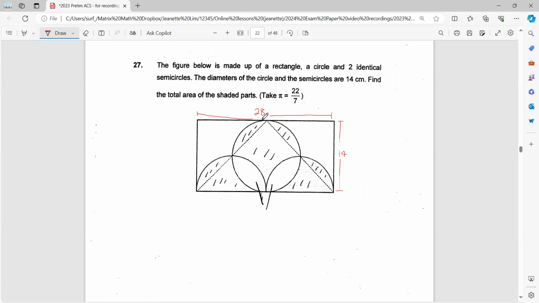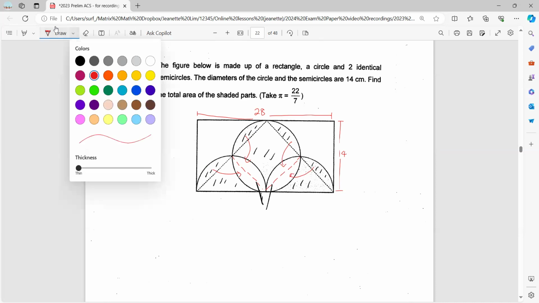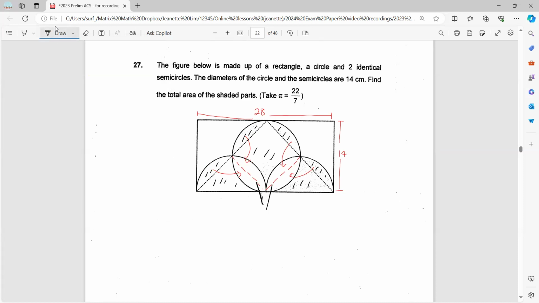Now you see these two parts here, right? What we can do is cut this, and this can be here. This can be here. So cut this, this can be here, this can be here. So what do you end up with? Those will be shaded, and those two shift, this will be shaded, this will be shaded.